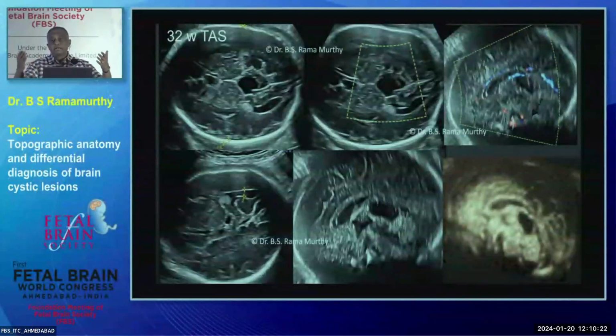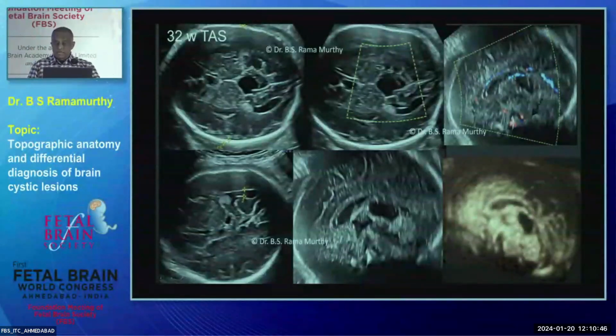It's a midline, pardon me? Quadrigeminal cyst. But you have a differential diagnosis, a CVI cyst. So how do you distinguish between a CVI cyst and a quadrigeminal cistern cyst? The great vein of Galen, or the great cerebral vein.